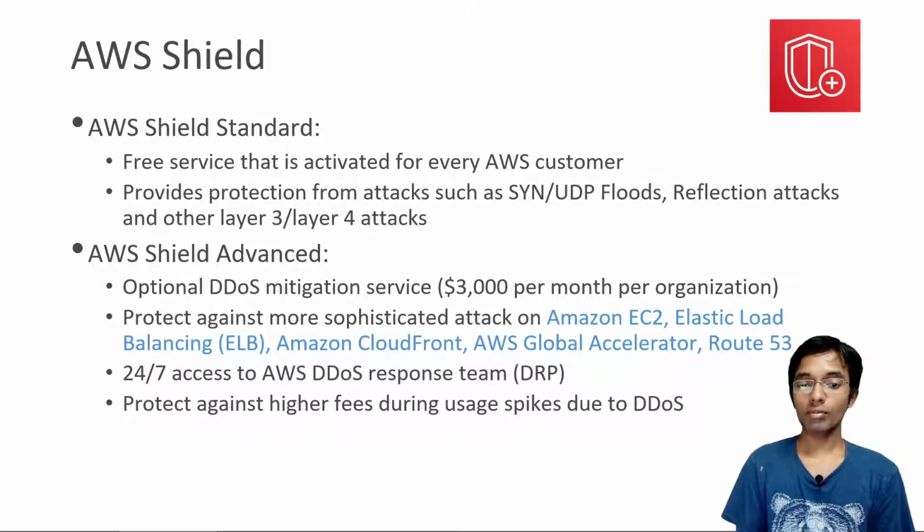And on top of it, if you incur higher fees because you scaled up with auto scaling, because you have more requests going into your network and more bandwidth, then you are protected against these higher fees thanks to the Shield Advanced sort of insurance that you took with the $3,000 per month fee. So it's very important for you to understand the difference between these two and understand which one to use in the exam, based on an enterprise versus a somewhat smaller company.